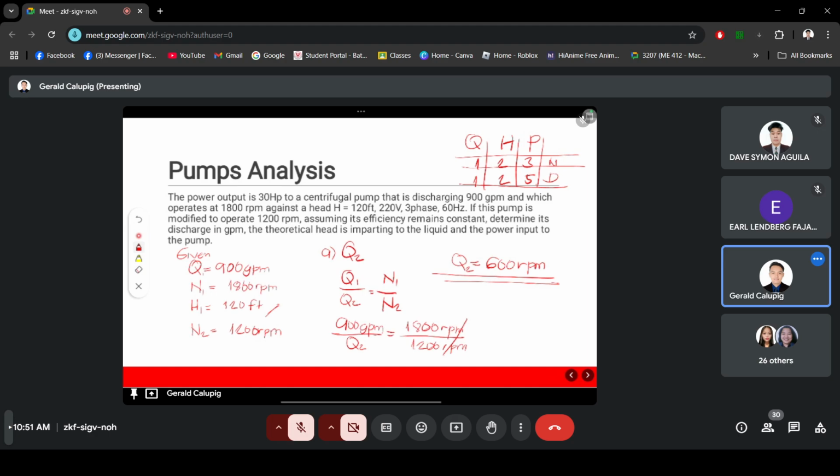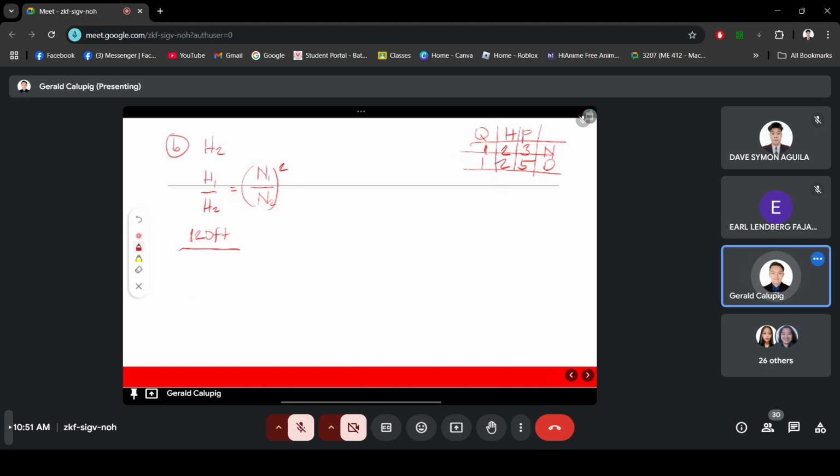Okay. Then over H2 is equal to N1, 1,800 RPM over our N2, 1,200 RPM, squared. What is our H2?